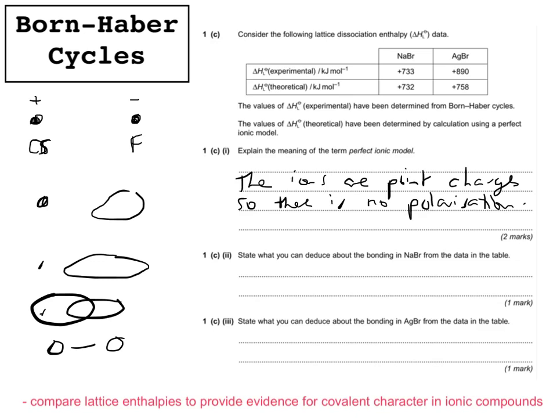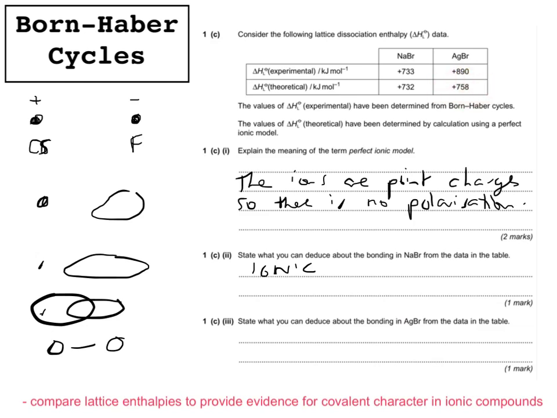Okay, and then the next question says, state what you can deduce about the bonding in NaBr from the data in the table. So here, for NaBr, the theoretical lattice enthalpy is very similar to the experimental lattice enthalpy. So you can deduce that this compound must be ionic. However, with the other one, AgBr, you can see that the experimental value is 890, but the theoretical value is 758.